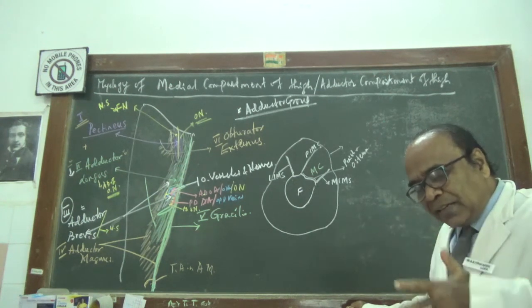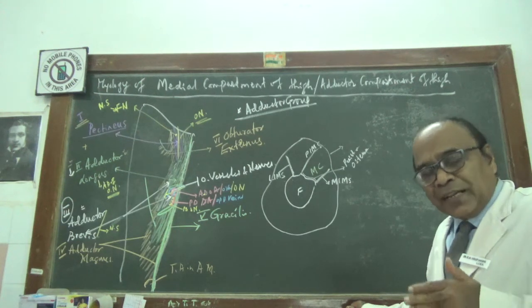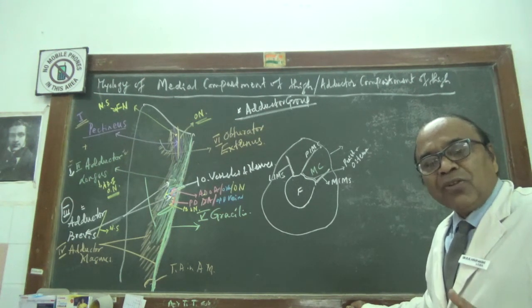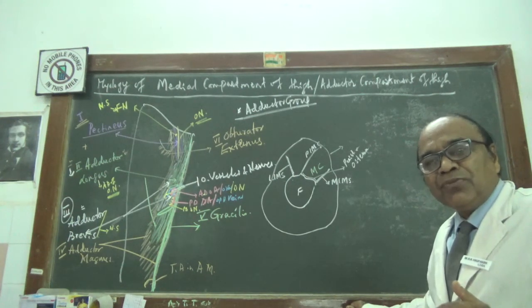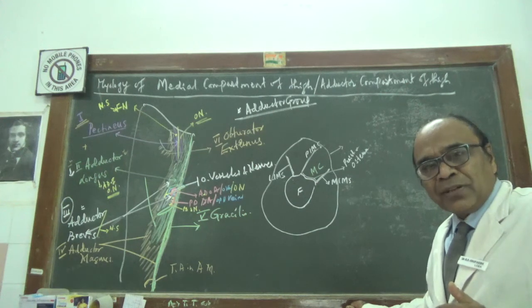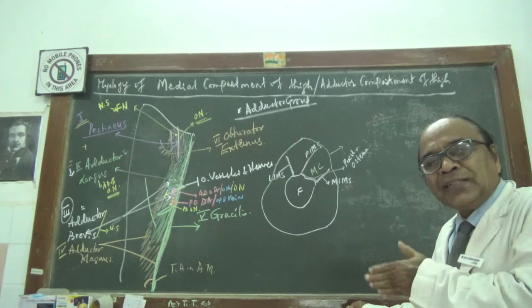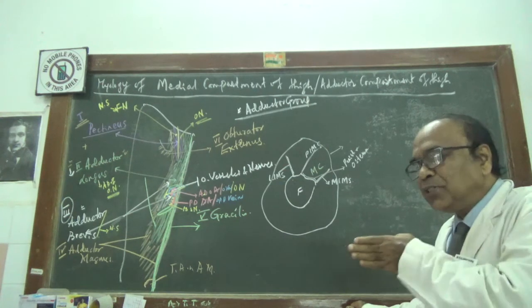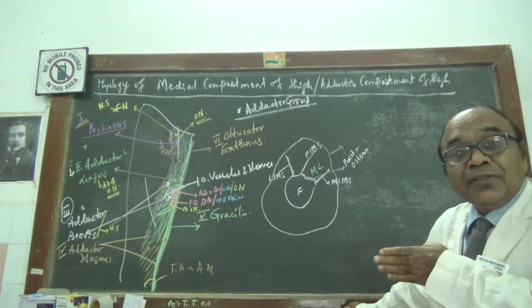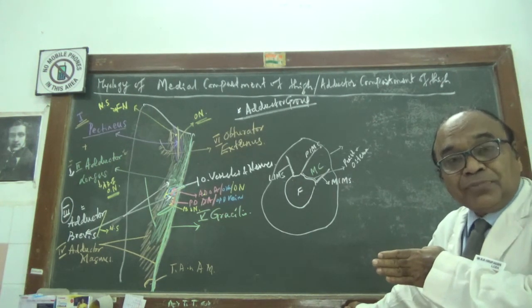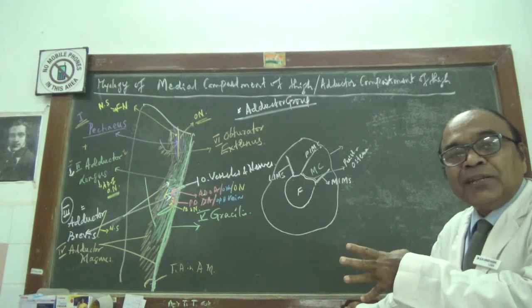The entire fibers will be crossing from lateral to medial, and then it will get inserted on part of the medial lip of the linea aspera, keeping laterally the vastus lateralis origin and the attachment of the lateral intermuscular septum and the origin of the short head of the biceps femoris.